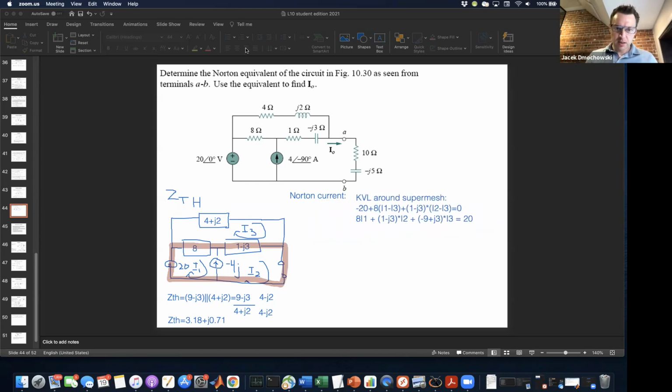So, KCL at the super mesh is pretty straightforward. We have I2 flowing in here, so we're going to be applying KCL at this node.